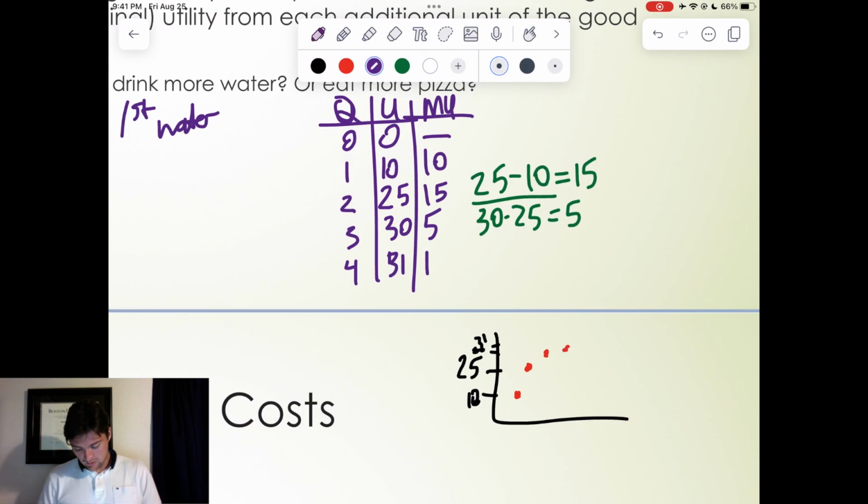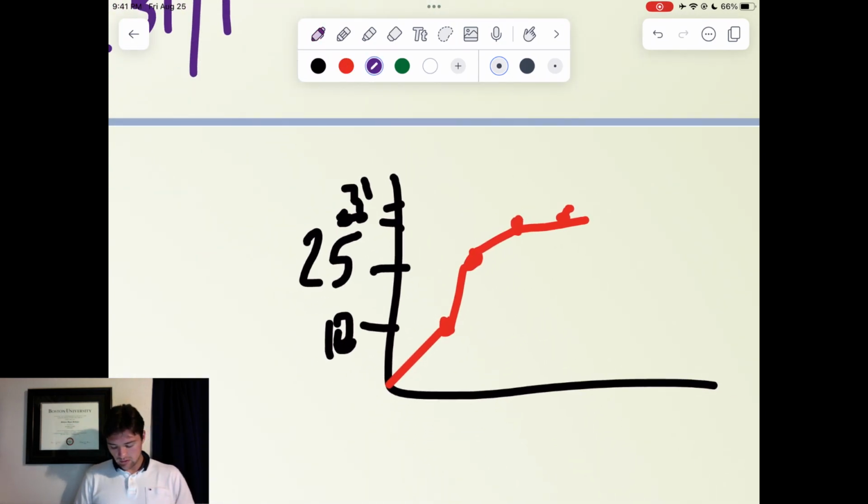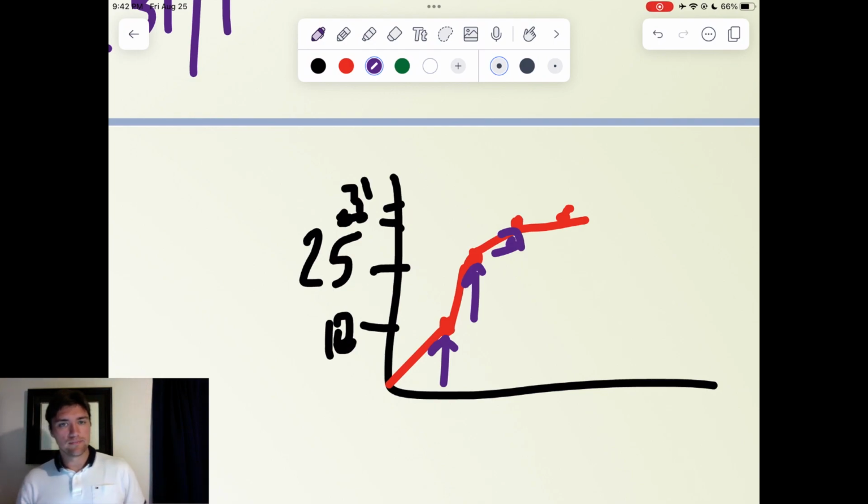Notice here how we're going up, up, and then all of a sudden we start to go at an angle, like it starts to go down a little bit. That's the diminishing marginal utility.